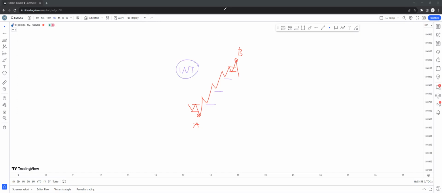Then what comes after the range gets formed is simply what we consider inducement, also written as IDM. So for me, a protected high and protected low must take out some kind of internal range liquidity. Not all the time, but in 80-90% of scenarios, you will see strong highs and strong lows hold the most when you take out internal range liquidity instead of inducement.